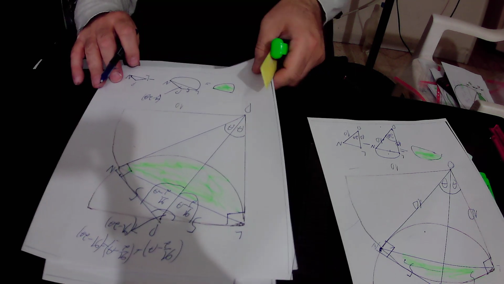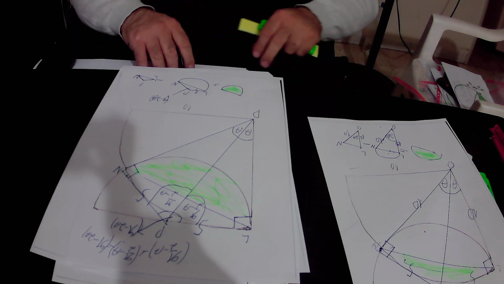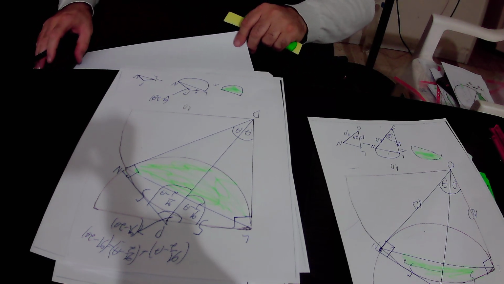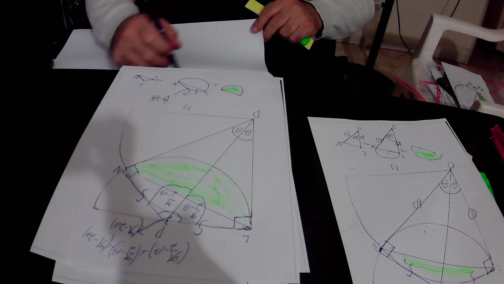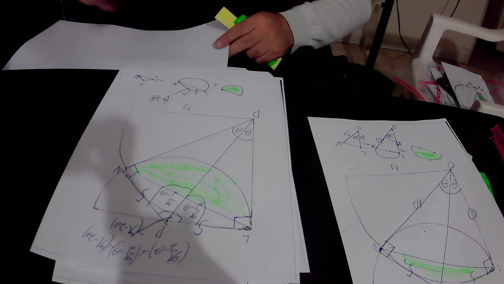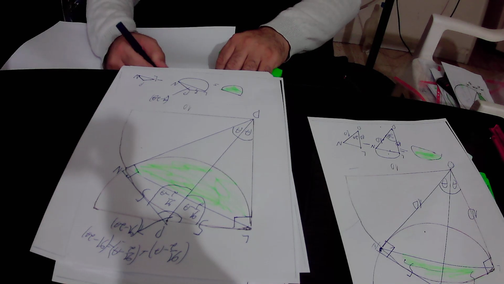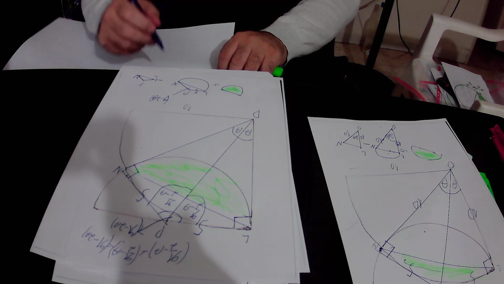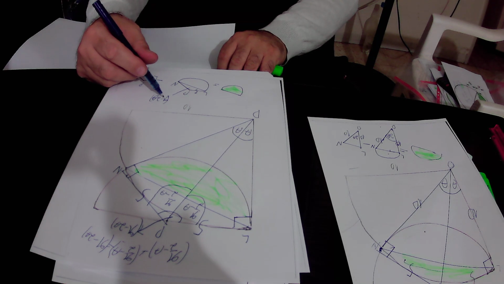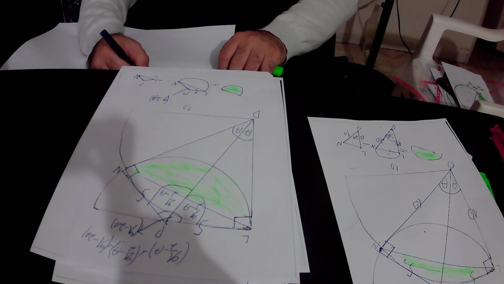So here the area of sector LPN, according to the formula that I presented to you, equals the angle between the legs of the sector, which is pi minus 2 theta.